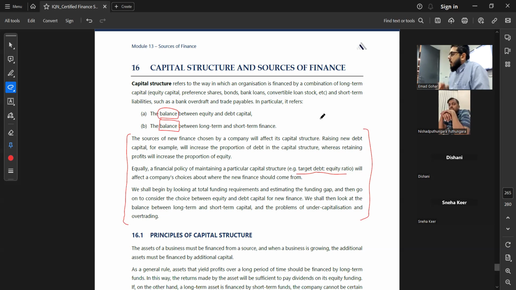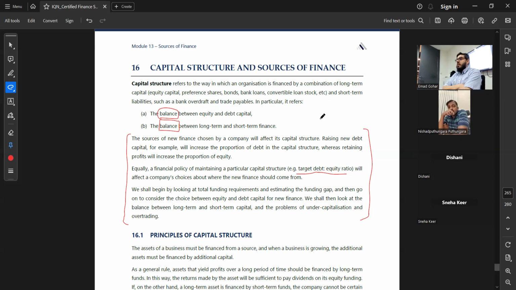Okay, tell me, which is better, debt or equity? Debt. Yeah. What is better, debt or equity? Why? Because interest is tax deductible.